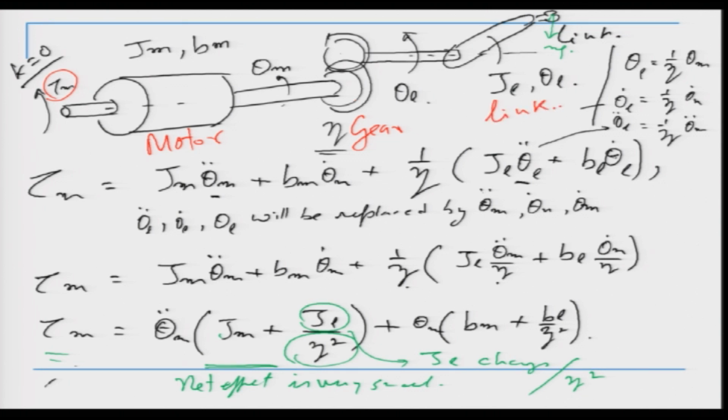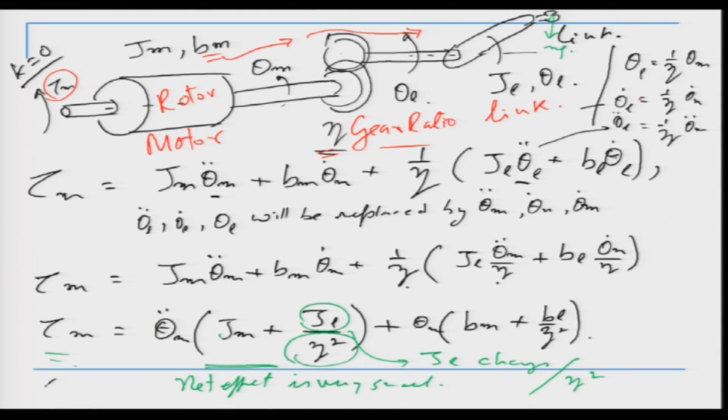Whatever motor torque is being generated is rotating the rotor of the motor, and it is overcoming the friction, and then the speed of the motor is getting reduced by the gear ratio. So, this is my gear ratio, and then it is going to the other side, the link side. The function of the gear ratio is to decrease the speed and to increase the torque.